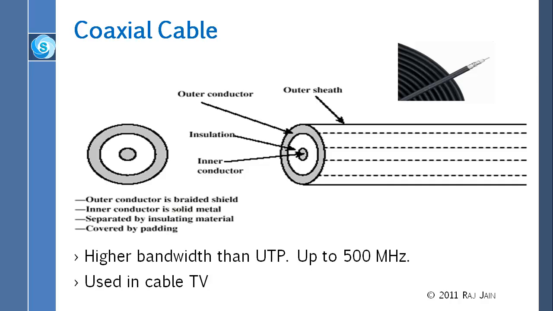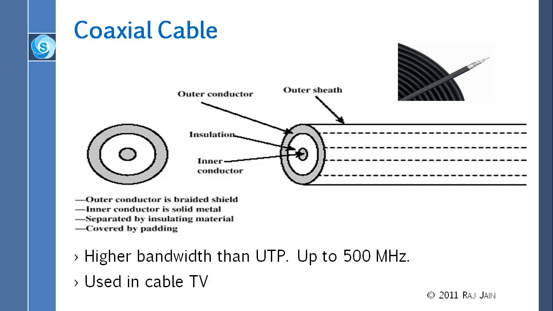That cable has only two wires: one central metal piece, and then the shield, which is wire mesh, right? That is called coaxial cable, and in between there is a lot of insulating material.